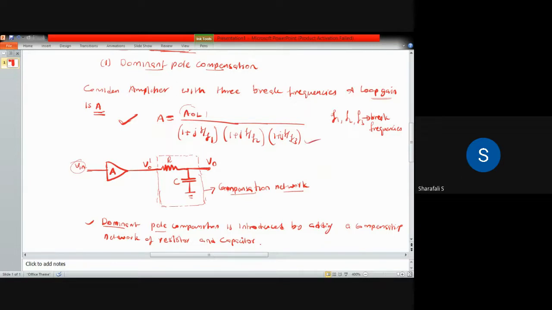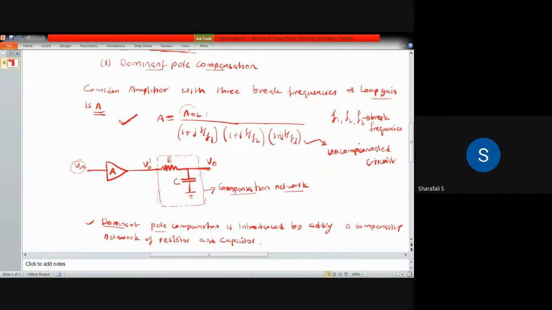Here we are just considering your op-amp circuit with the three pole frequencies, which is not compensated. This is an uncompensated circuit, because we didn't apply any compensation to that system.